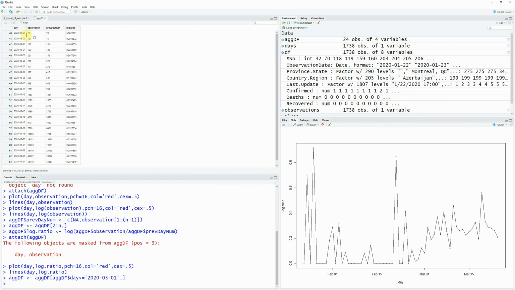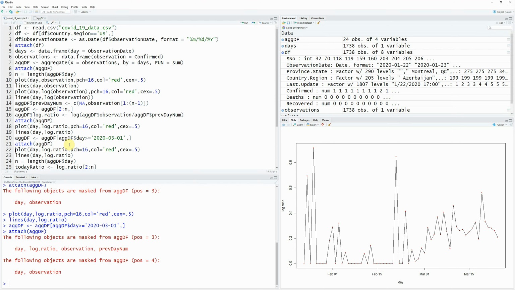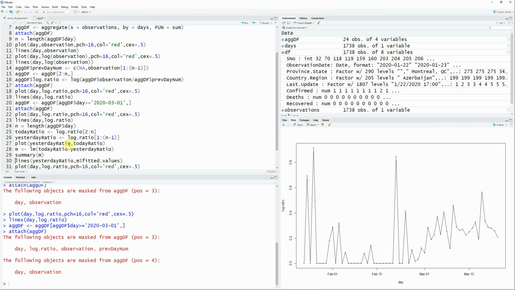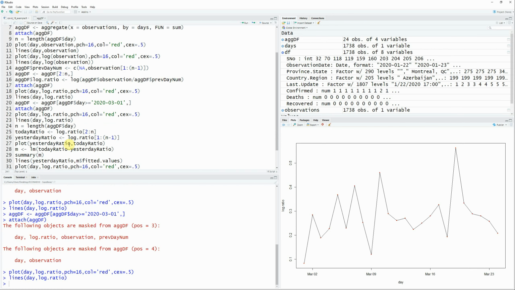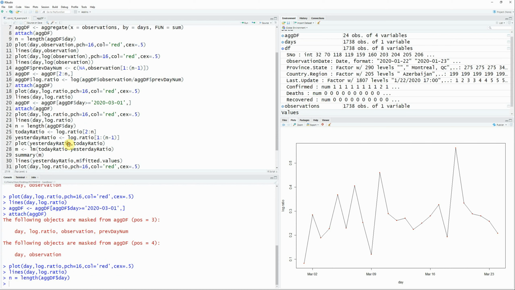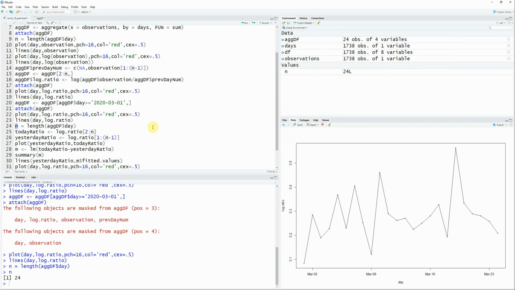The second day it's 101, and now I use attach again because I changed my data frame, so now I have new variables with the right number of observations. If I want to plot it, this is what we've been seeing. The new number of observations right here is 24.